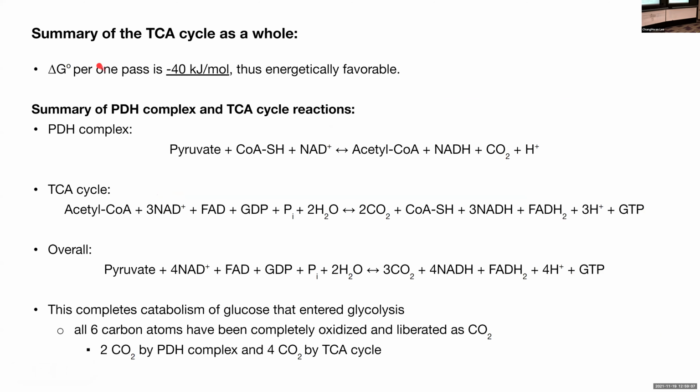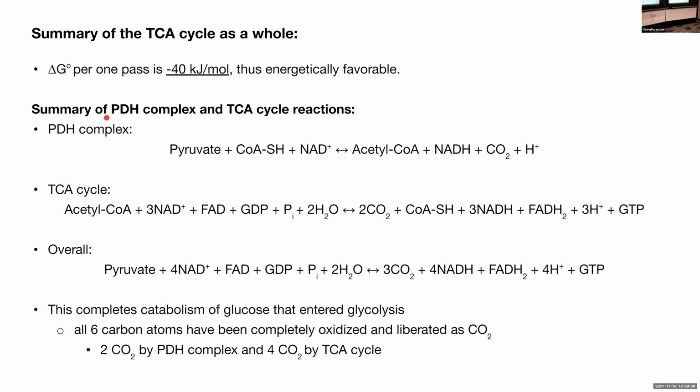So here's a quick summary of the TCA cycle as well as the PDH complex reactions that we just talked about. The delta G for one cycle of TCA is negative 40 kilojoules per mole. So it's energetically favorable, meaning that it will happen by itself.